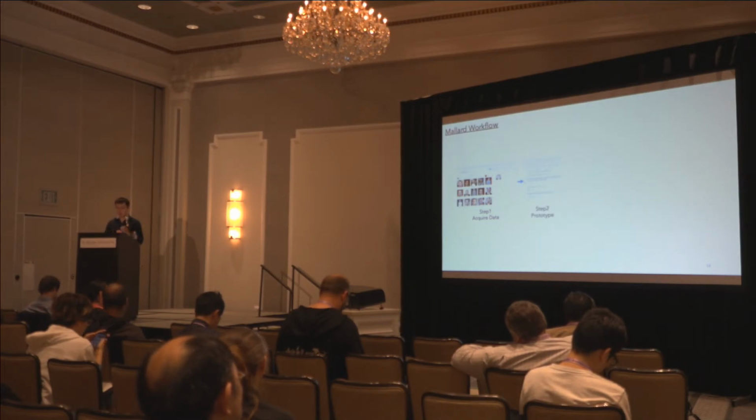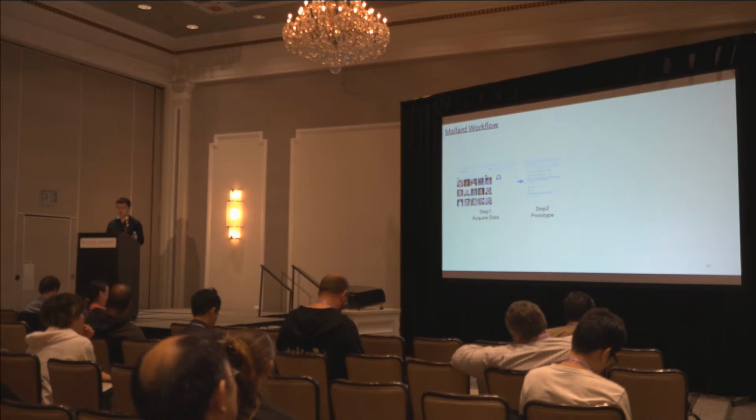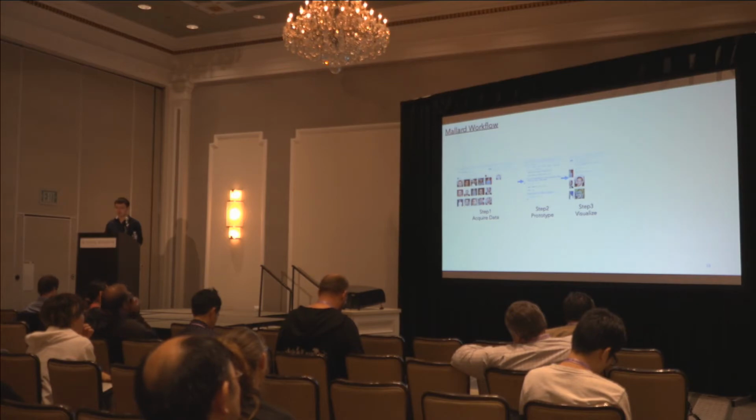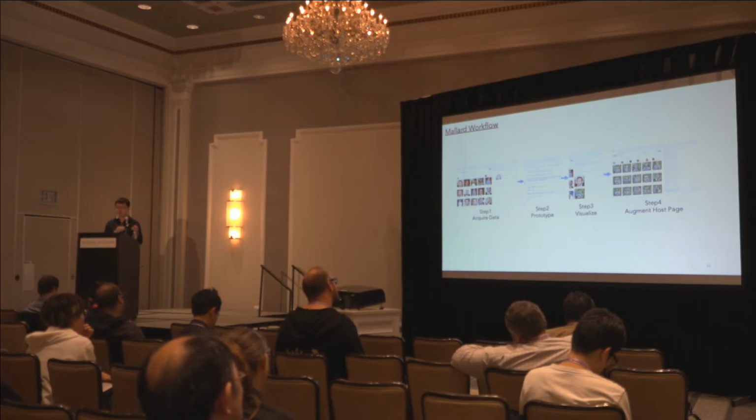The second is to write prototyping code with the acquired data and external libraries in a REPL-style environment. Three, visualize the code outputs in images or other rich visualizations. And four, we can push the outputs back to the host page for augmentation.